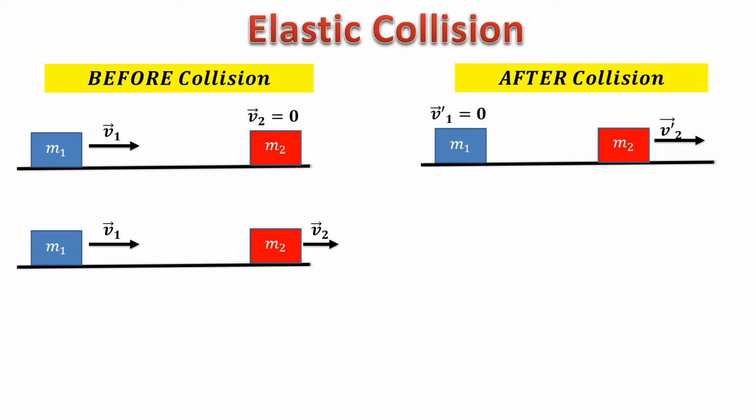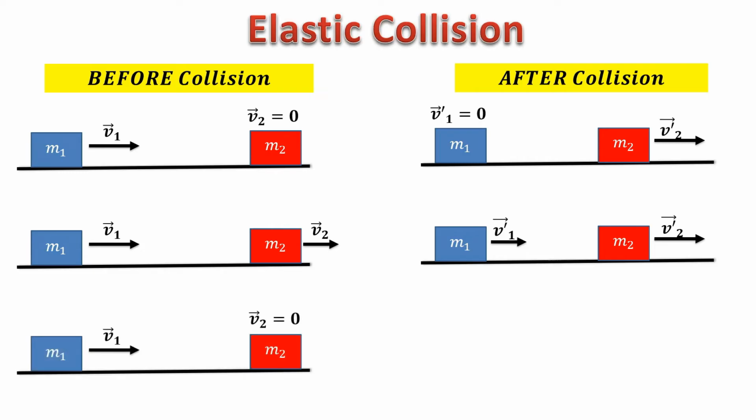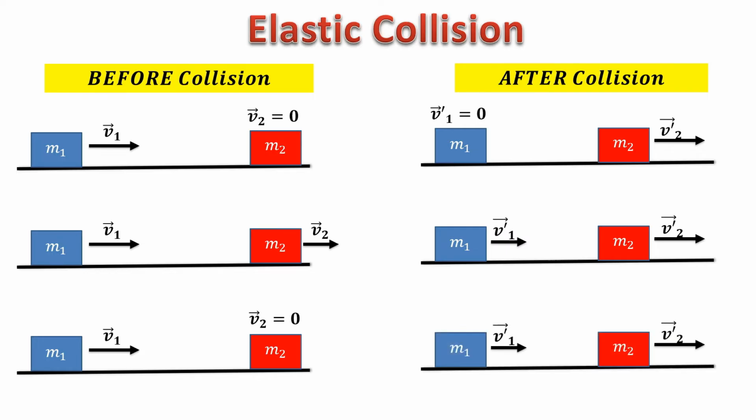So in order for these two masses to collide, the velocity of mass 1 should be higher than mass 2. And after collision, the velocity of mass 2 will be greater, or their velocities after collision might be equal. Or before collision, mass 1 is moving while mass 2 is at rest, and after collision, they will be moving in the same direction with different velocities. These are the cases of elastic collision.